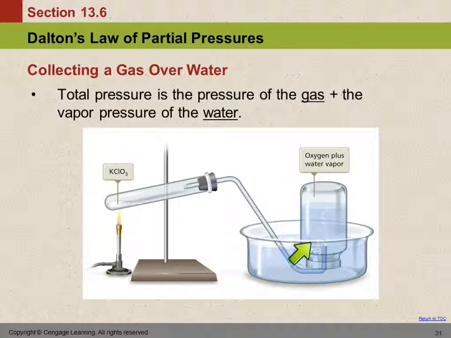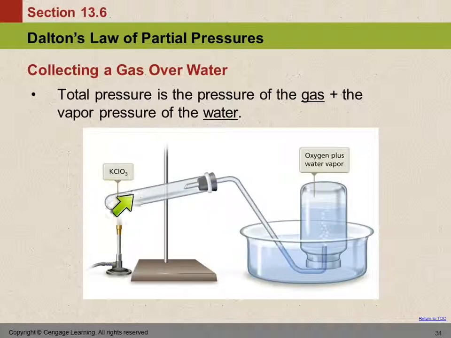So what we do to collect a gas frequently is that we'll take a container full of water and invert it in another container of water. And that container will stay full until we bubble some gas in here.